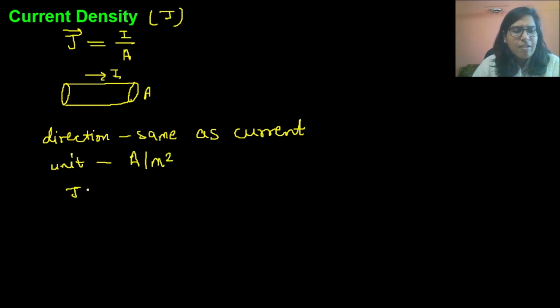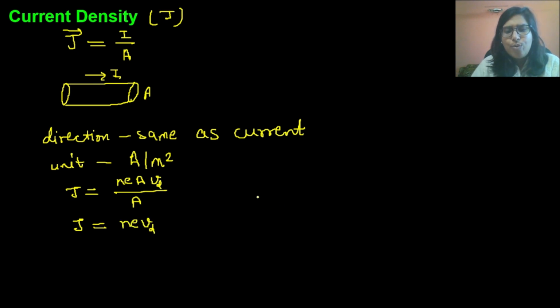Now we have calculated I, that was n into A into Vd, so we will write J equals I upon A. So J will be n into e into Vd. Now Vd was minus eE by m tau.